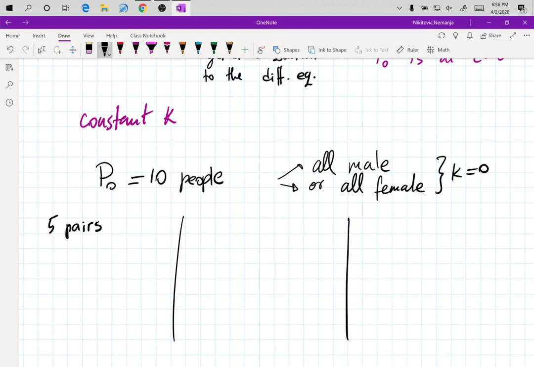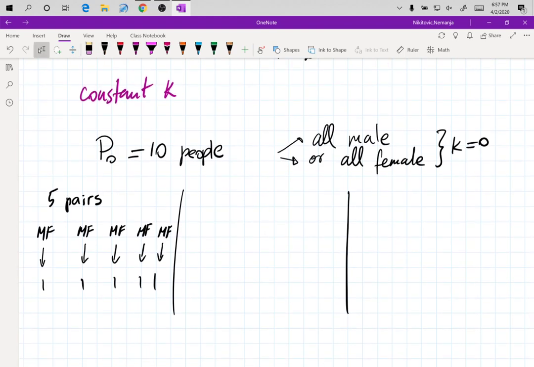What does that mean? Male, female, male, female, male, female, male, female, male, female. In 1 year, they all produce, remember what we said, 1 kid. They all produce 1. So what do you have at the end? You have a total of 15 people at the end of the year.